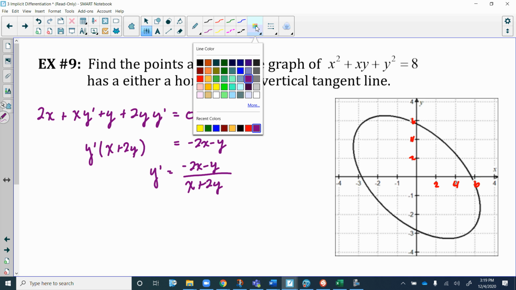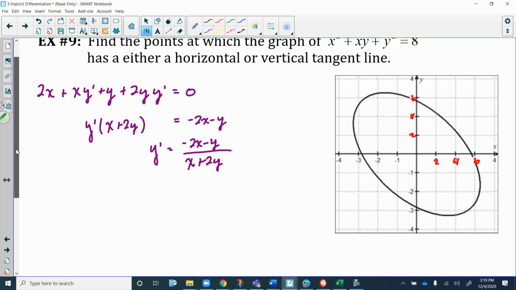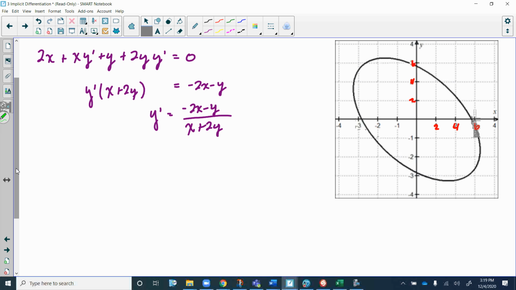Now, in this case, we're going to have to look at it in terms of having horizontal and vertical tangent lines, because that's what it's asking us to do. So here, we need to recognize that I can have horizontal tangent lines whenever the derivative y prime is equal to 0. So let's see what we get if I plug in 0 for y prime.